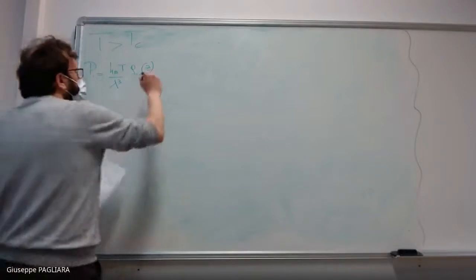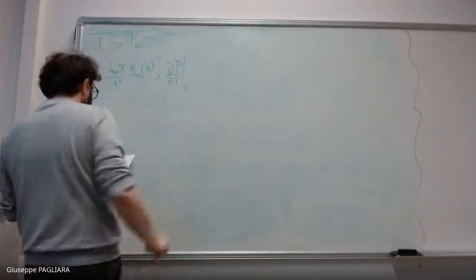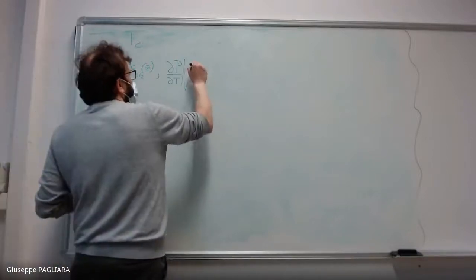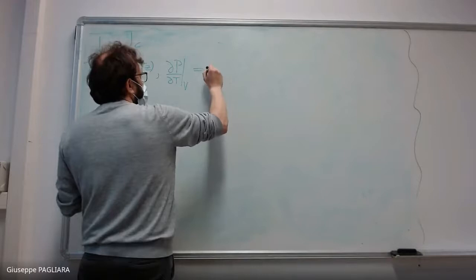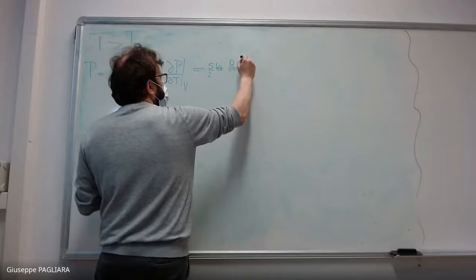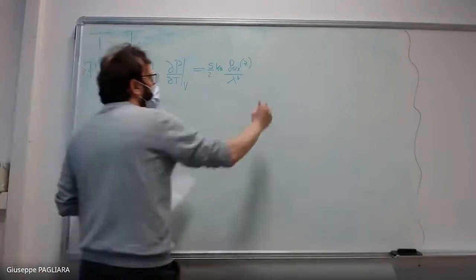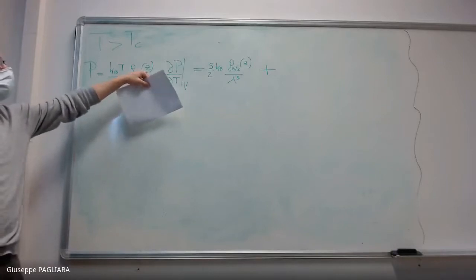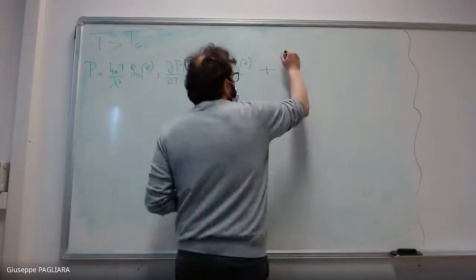Therefore, when I compute the derivative of P with respect to temperature at fixed volume, I get a result similar to before when deriving just this term here, so I have the previous result, 5/2 kB g 5/2 of z divided by lambda cubed. Plus, now I have to differentiate with respect to temperature also this function here, because z depends on the temperature. And so I have kB T divided by lambda cubed.